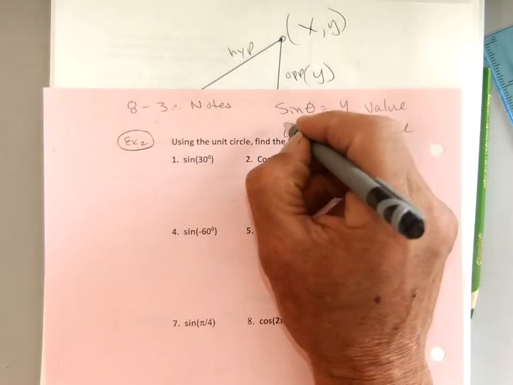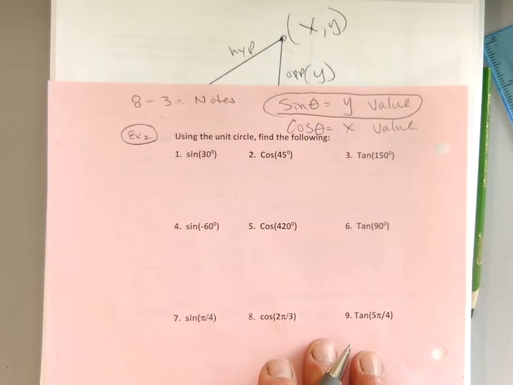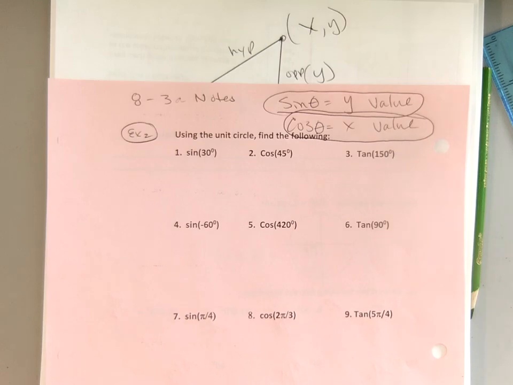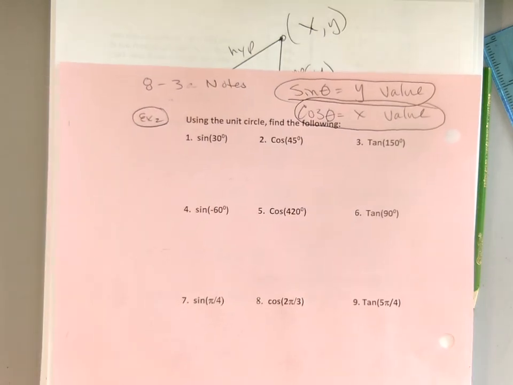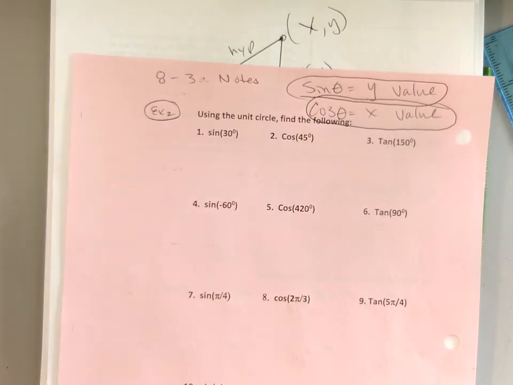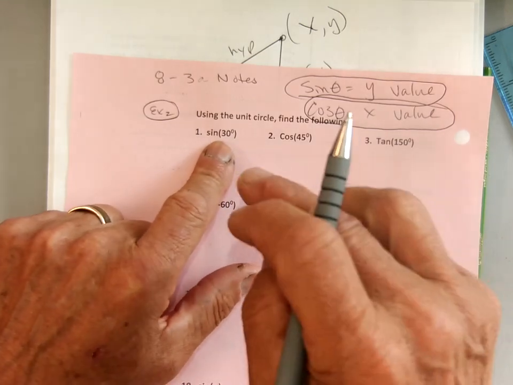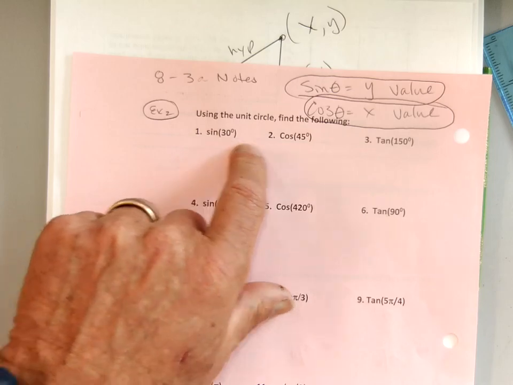Here it is. Sine of any angle is the y value. Cosine of any angle is the x value, okay? Write that down, please. Instead of using a calculator, in some of these questions we really do need exact answers from the unit circle. Sine of 30 can be done by pushing a button on a calculator, but it's the y value.